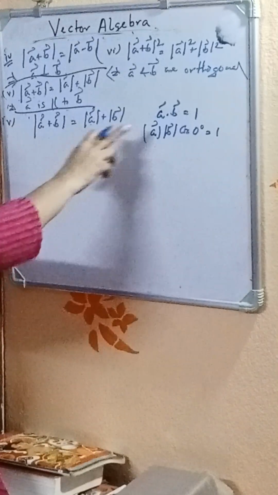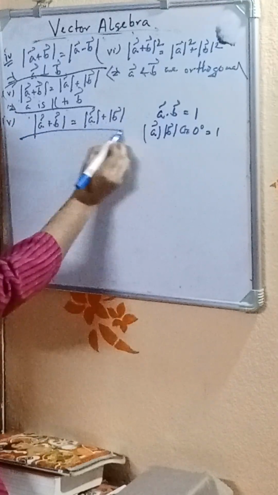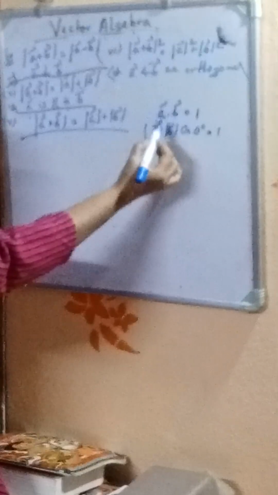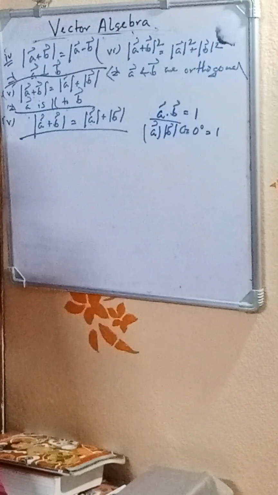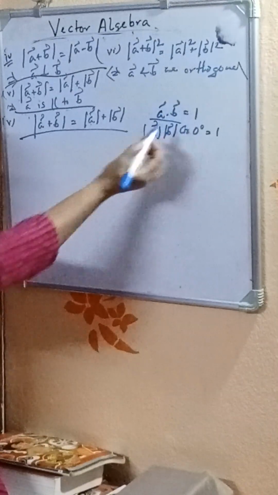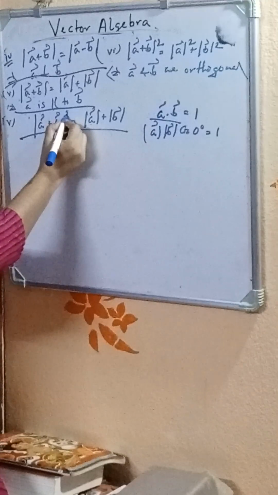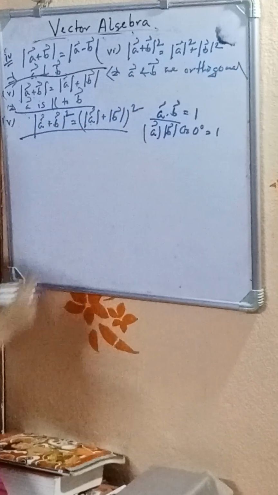So, our target is, from this equation we derive A dot B, and the only way to get A dot B is squaring both sides.